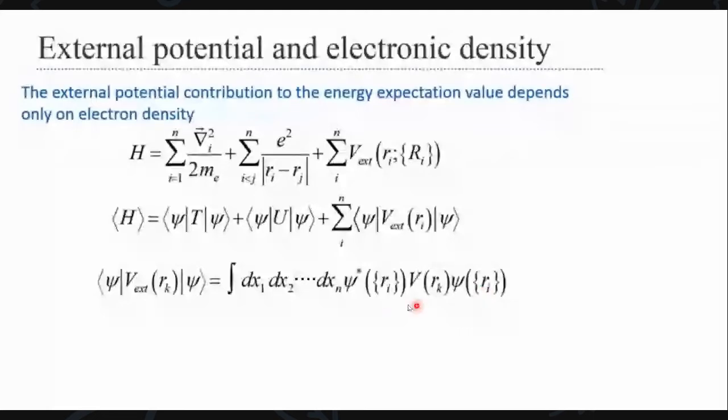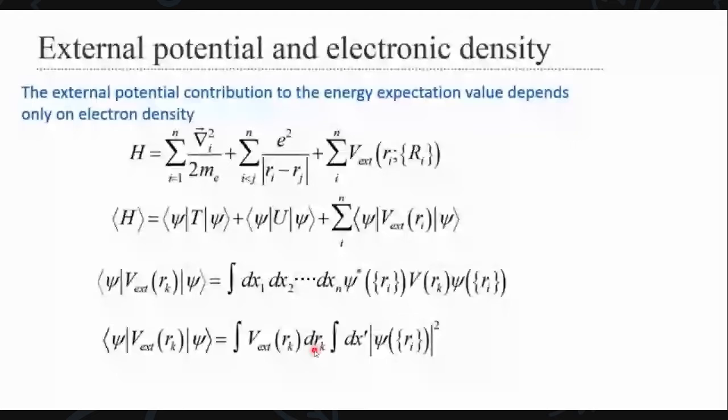Now, in this equation, the wave function is 3n-dimensional, whereas the external potential is only 3-dimensional. It only depends on one variable. So let me single out the external potential with variable Rk.